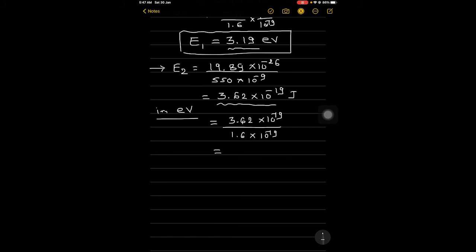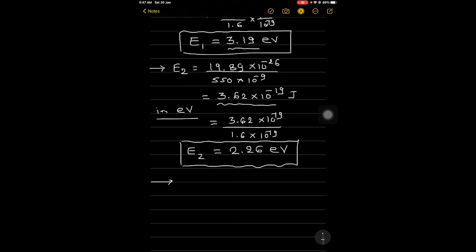This gives us about 2.26 electron volt. So this is E2 for yellow green light.